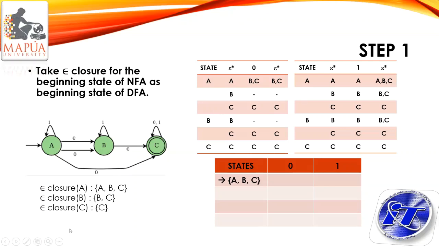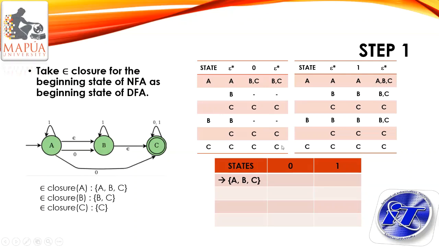At 1, A loops within itself, so we have A, and since it starts with A, it could reach other states through epsilon, including BC. So the final path for A at 1 is ABC.